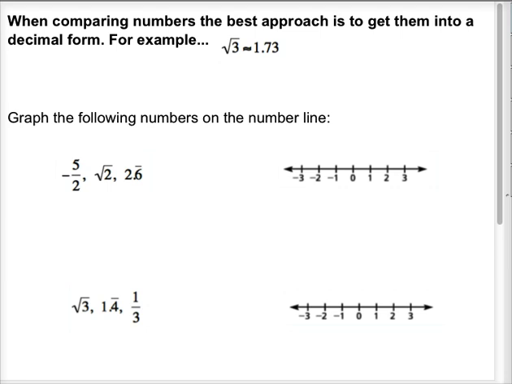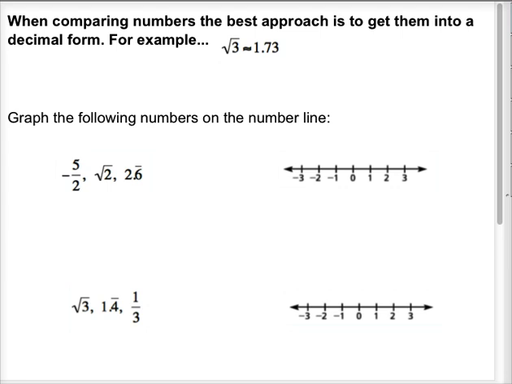If you just type square root of 3 into your calculator, you will get 1.73. This would be a fantastic time to have your calculator in front of you. Make sure you know where the square root button is, because I guarantee you in the practice work for class, and on the test down the road, you are going to have to be able to do this. So make sure you know right now where that square root button is on the calculator so you can make these comparisons.